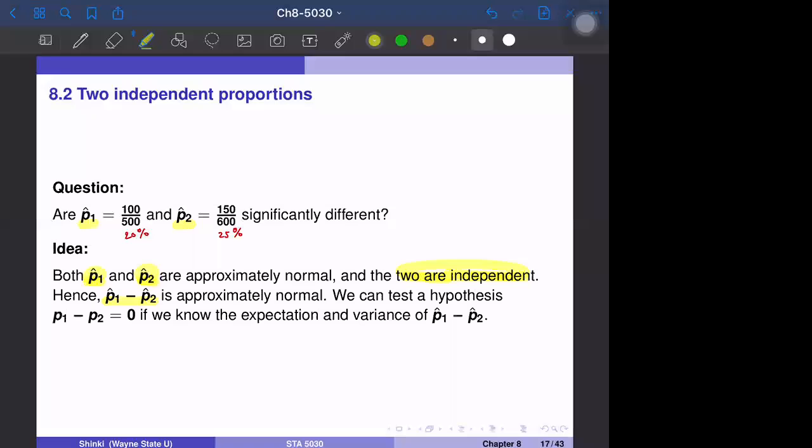So we can test the hypothesis p1 minus p2 equals 0, or p1 equals p2, if we know the expectation and the variance of this quantity, because we know the shape of the distribution is normal.